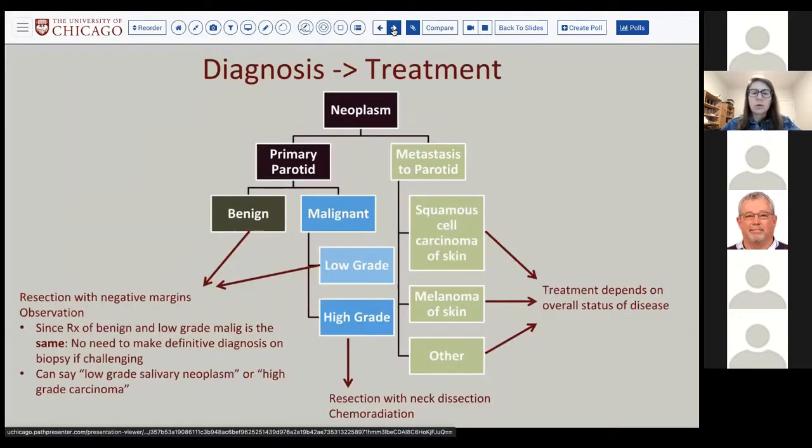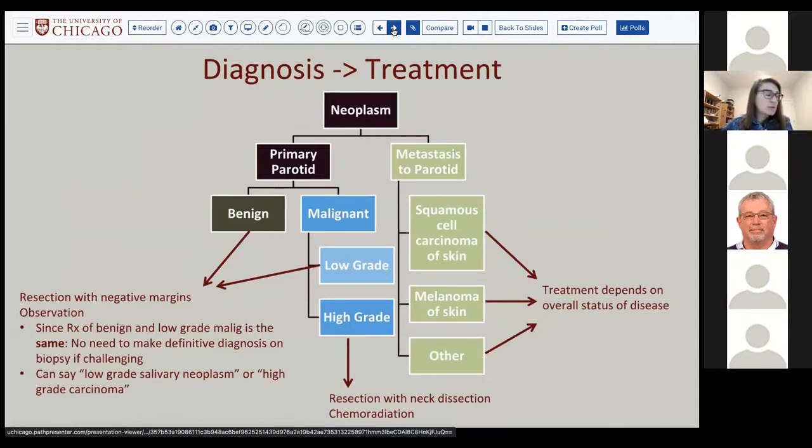All right, so once a lesion is thought to be a salivary neoplasm, it's helpful to determine whether it's primary parotid or metastasis to parotid. Any of the salivary regions, parotid, submandibular, both have lymph nodes in and around the glandular parenchyma.